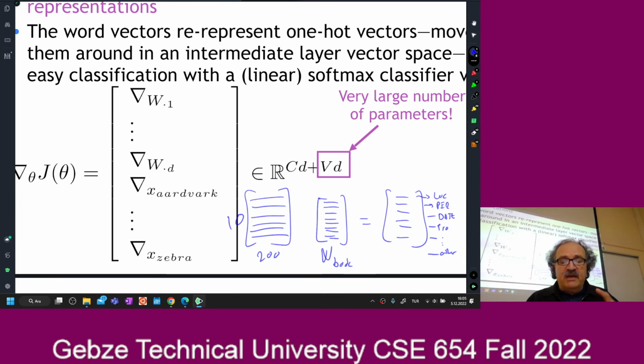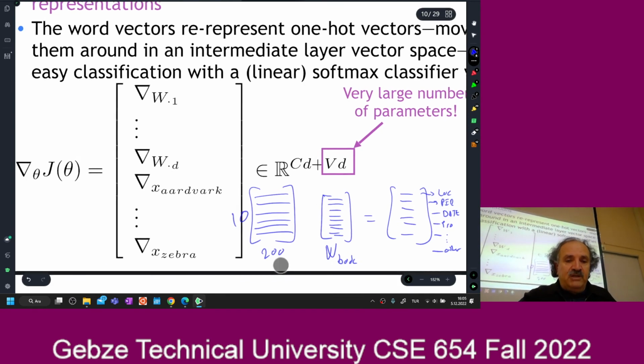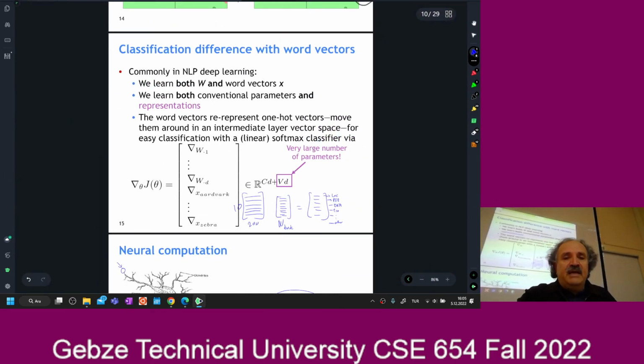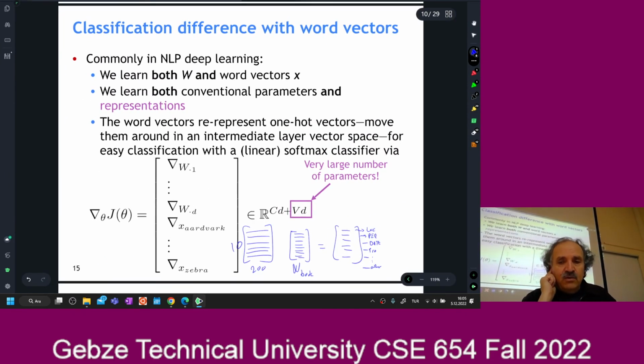If I have 40,000 words in Turkish, for each one I need 200 dimensions, and then I have 10 times 200 numbers here too. It's a very large search space. But if you solve it in an efficient way, your results will be better than finding them separately.